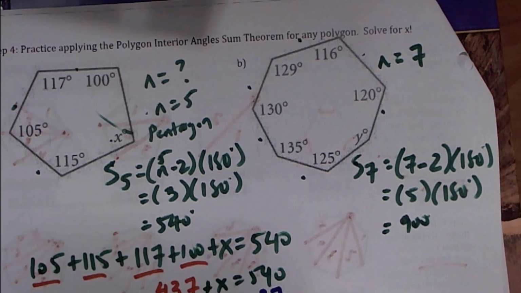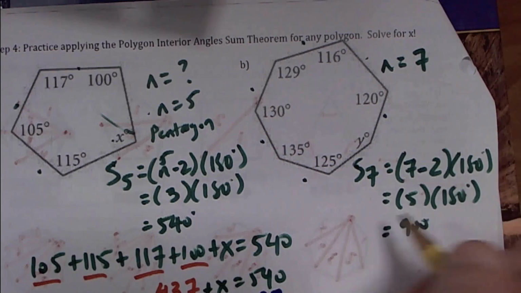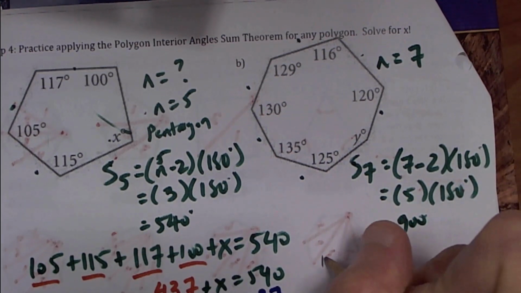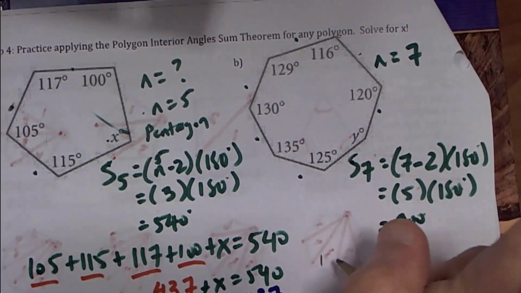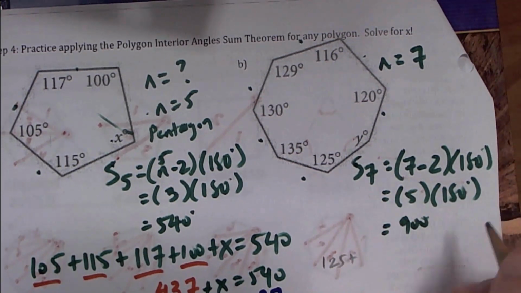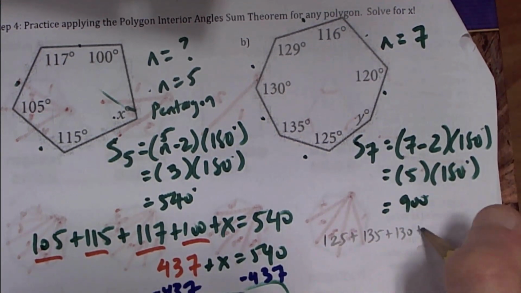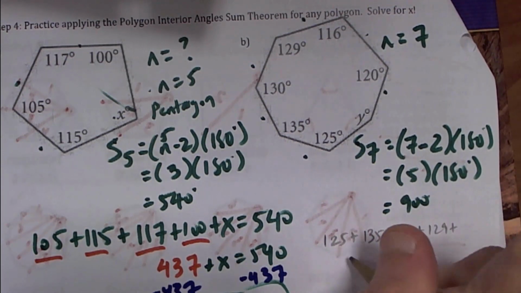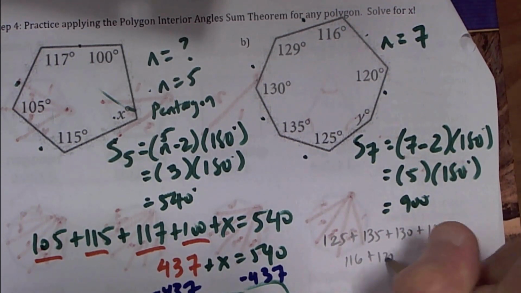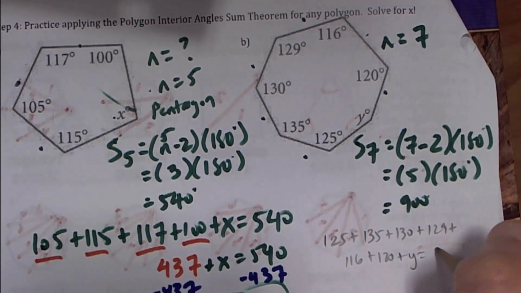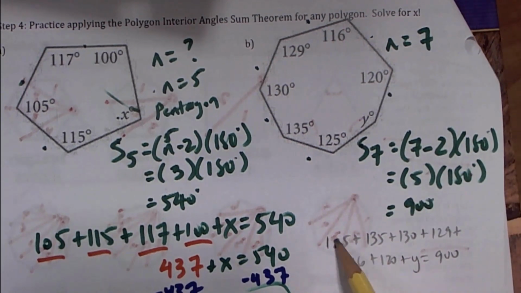Now there's a lot of these here, so I'm going to switch pens because it's not going to fit. We just go ahead and write this all down. So we just kind of rotate this way. 125 plus 135 plus 130 plus 129 plus 116 plus 120 plus y equals 900. Right? 1, 2, 3, 4, 5, 6, 7. Okay, great.